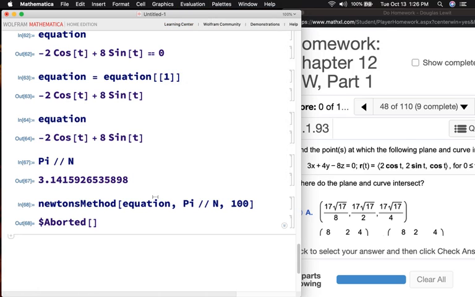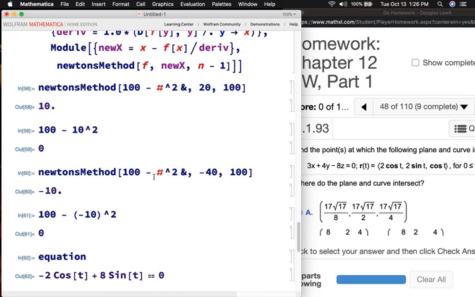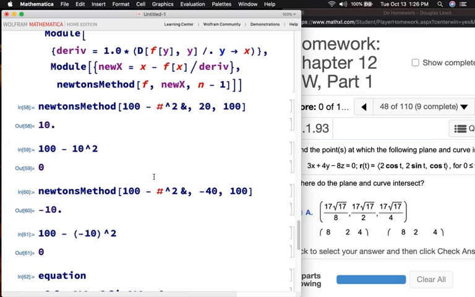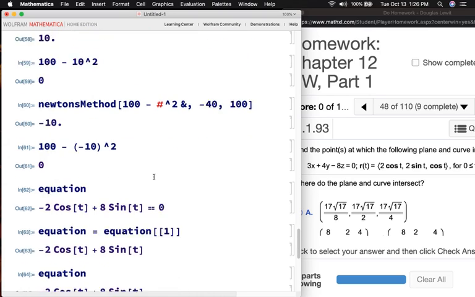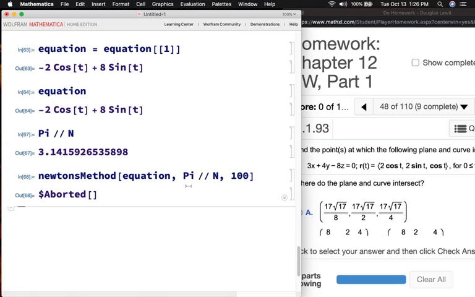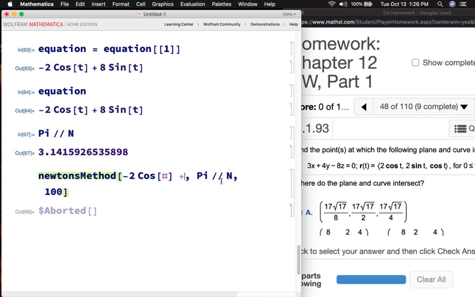So here what I'm going to do, instead of using equation, I'm going to use negative 2 cosine of any variable plus 8 sine of any variable, with an ampersand or hash. And let's see what I'm going to get.